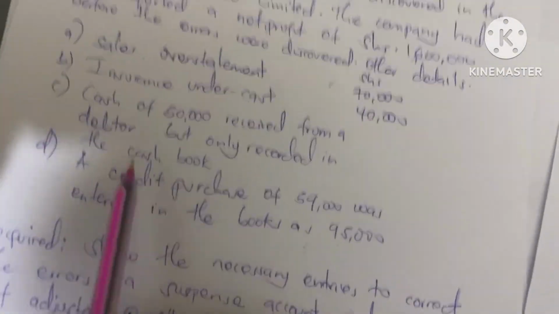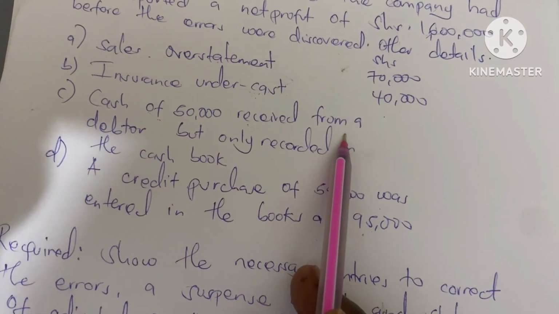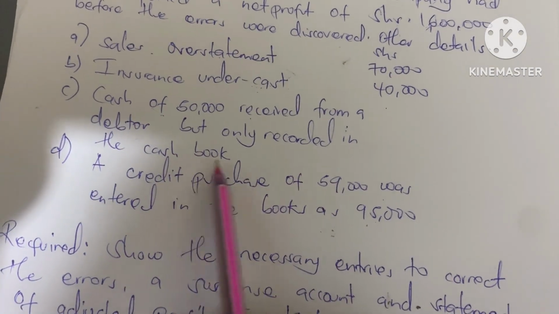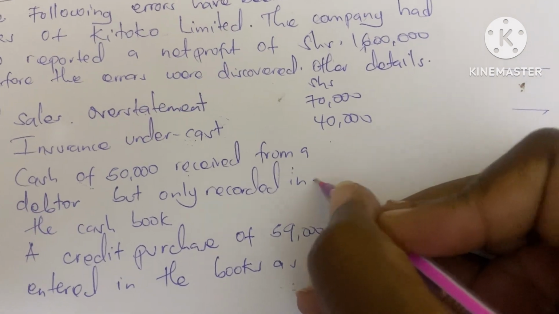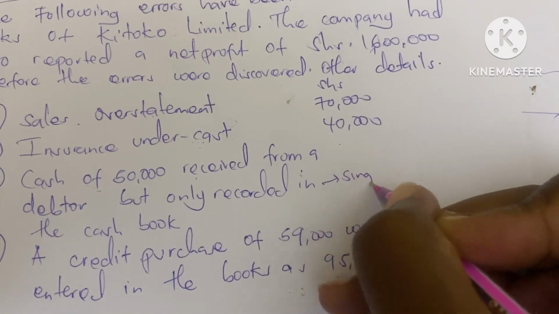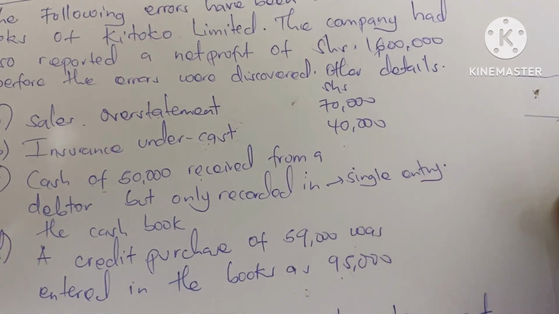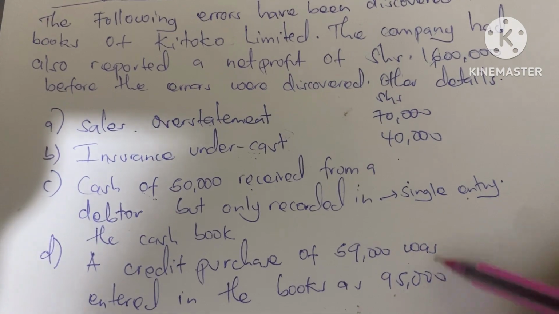Then C, cash of 50,000 received from a debtor but only recorded in the cash book. So this is an error of single entry, and an error of single entry can be detected by the trial balance, meaning it is also going to appear in our suspense account.